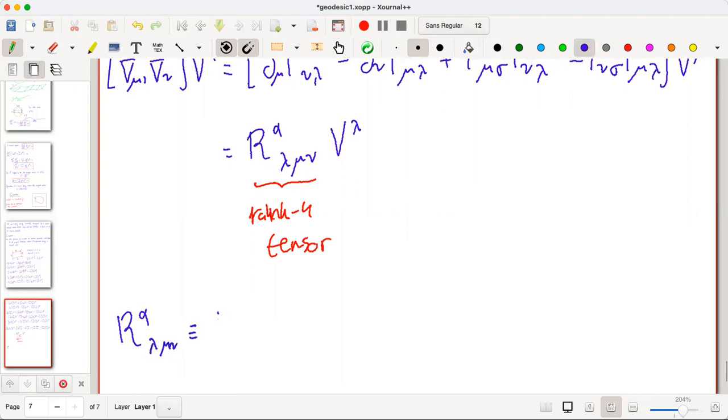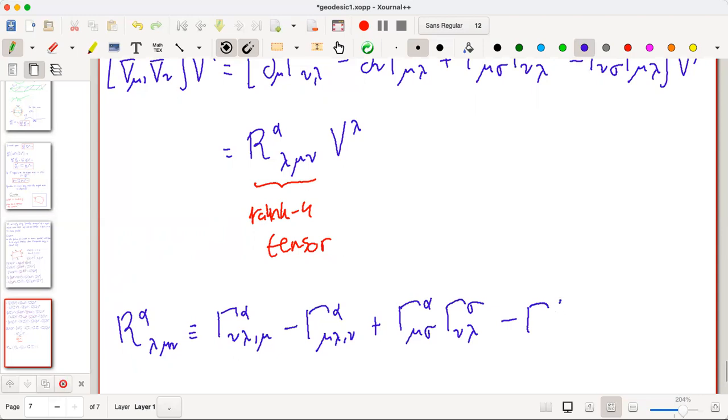This tensor is known in the literature as, I'm going to write it down, alpha nu lambda comma mu, minus alpha mu lambda comma nu, plus alpha mu sigma, sorry, this is nu lambda, minus alpha nu sigma mu lambda.